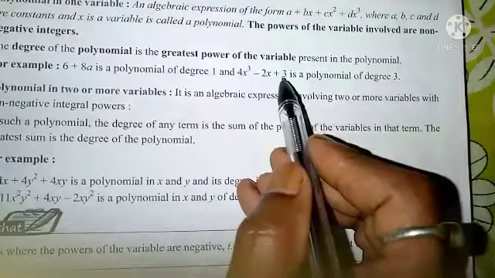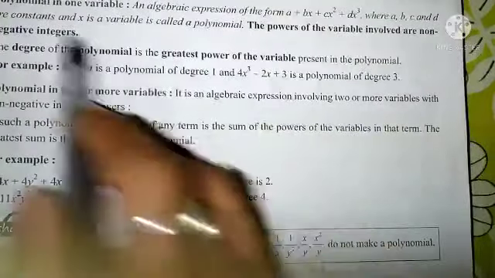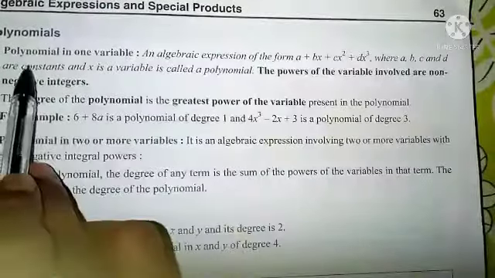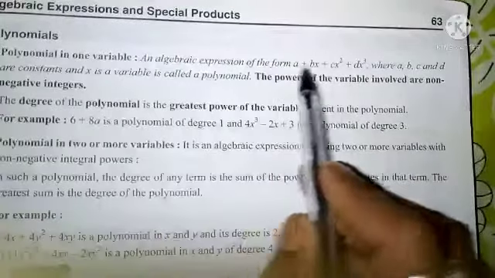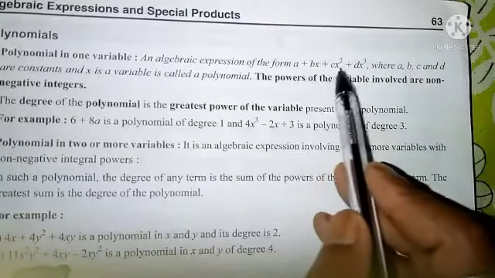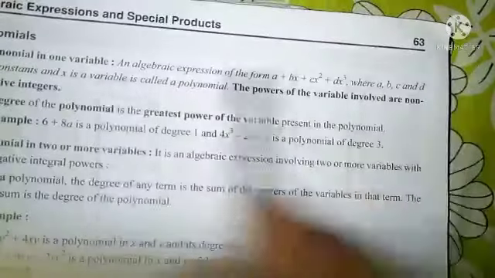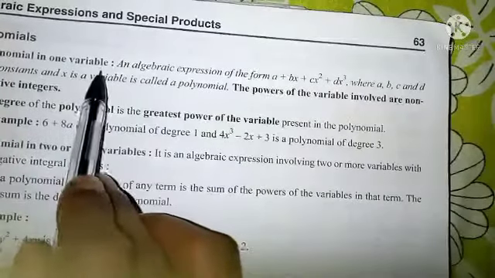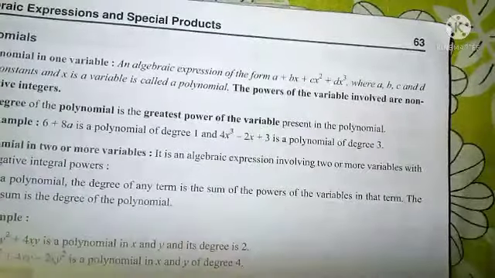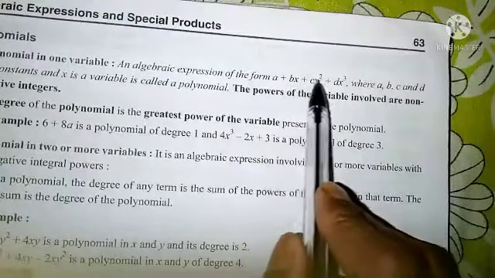All the monomials, binomials and trinomials we have discussed come under polynomials. Now see here, polynomials in one variable. An algebraic expression of the form a plus bx plus cx square plus dx cube, where a, b, c and d are constants. A polynomial can have any number of terms; here we have considered 4 terms.